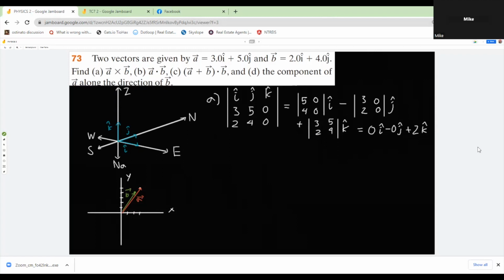Baka mas maganda yung figure niya. Yung cross product, may figure siya for getting the dot and cross product. Okay. So, share ko muna yung figure. Or share ko yung book.